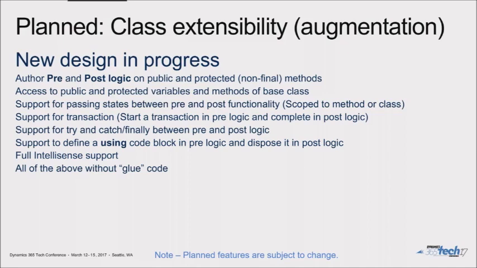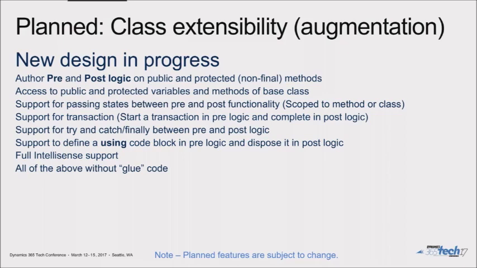You want to be able to pass states between those pre and post logic. So it doesn't necessarily have to be the same pre and post logic. You might want to start a state in the pre method of method 1 and then handle that state in the post logic of method 2. So we want to support these types of situations. And you want to be able to start a transaction and end it within that extension, also between pre and post logic.